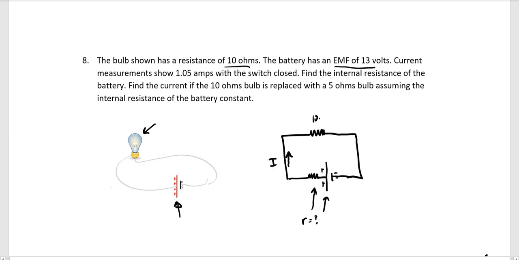So we have a 10 ohm resistance bulb and unknown resistance R. So write a loop equation. The sum of all the potential differences equals 0. You should be able to find that resistance from that. Then draw a new picture, replacing the 10 ohm resistor with a 5 ohm resistor, and then basically doing the same thing, holding the internal resistance of the battery constant.